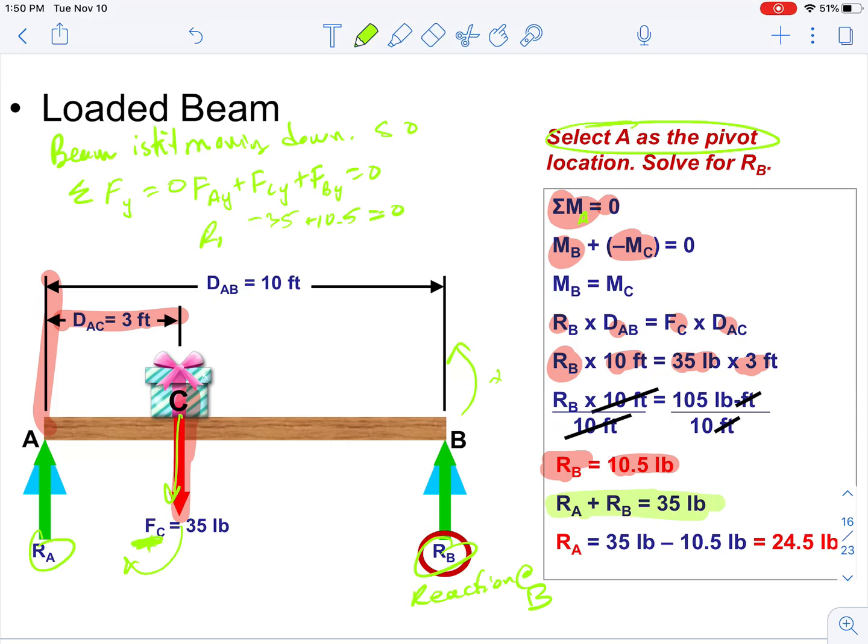So we should just say RA here. And these should just be RB and RA. And so RA, if we add those up and put them on the other side, is going to be 24.5 pounds. Because the downward is 35, and so the upward is here 10.5 and 24.5, which add up to 35.